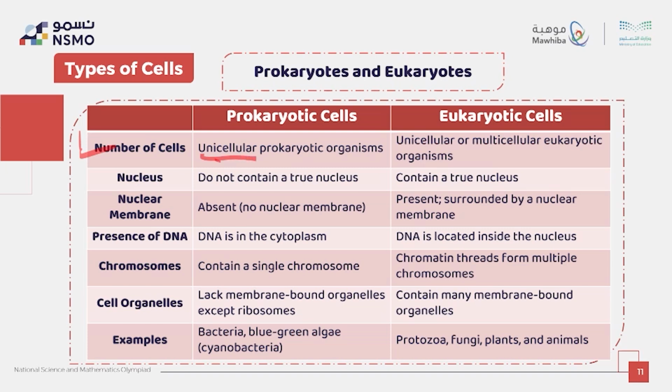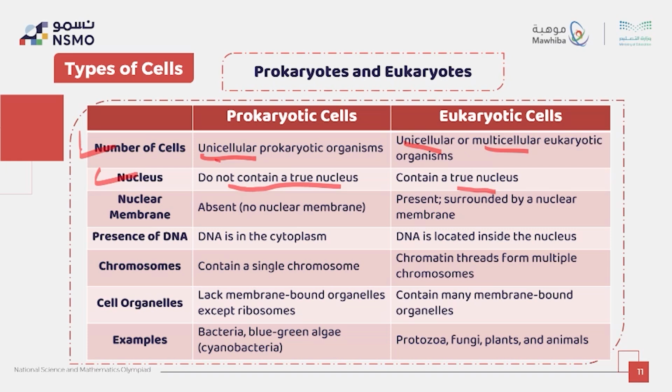But in eukaryota, it could be unicellular or multicellular. Okay. The other one, it's nucleus. So in prokaryota, no true nucleus. On the other hand, eukaryotic cells have a true nucleus because it's a membrane-bound nucleus.